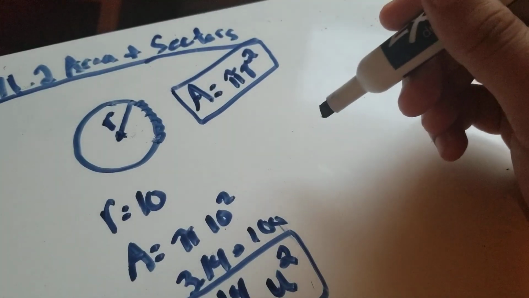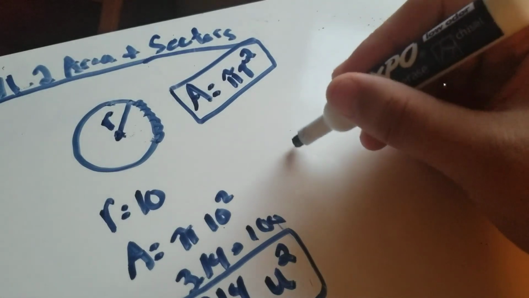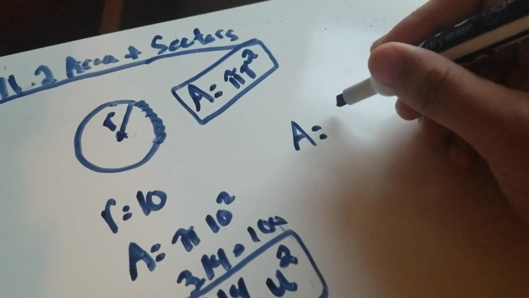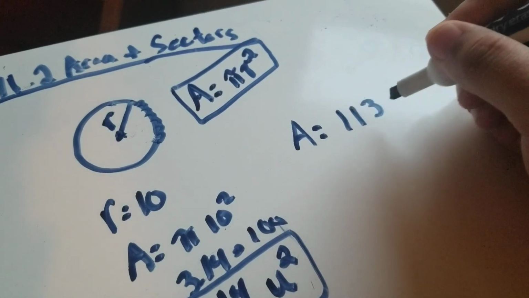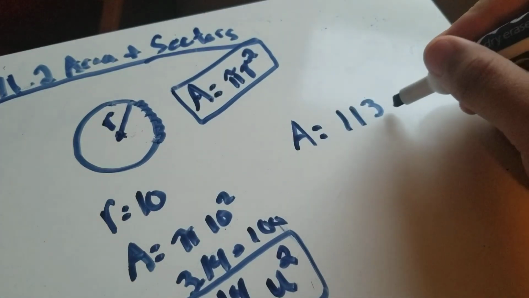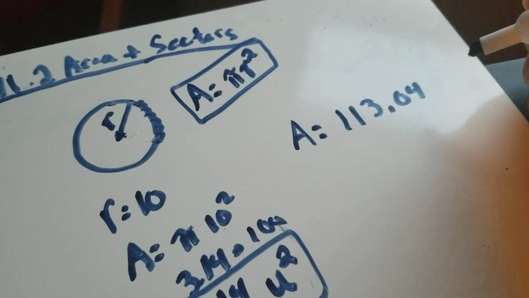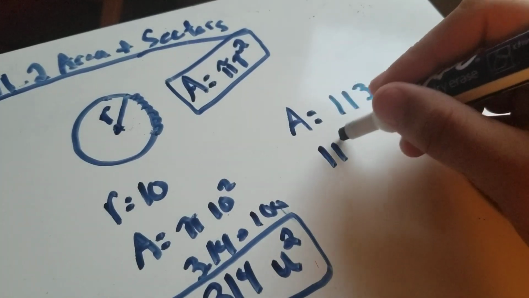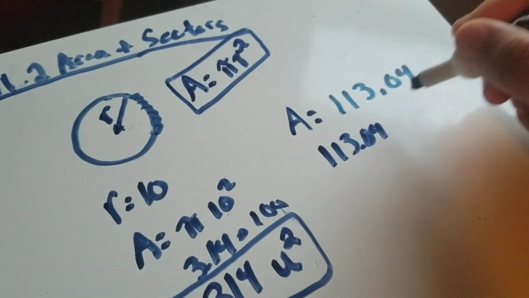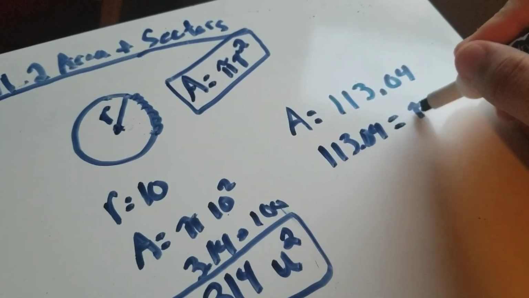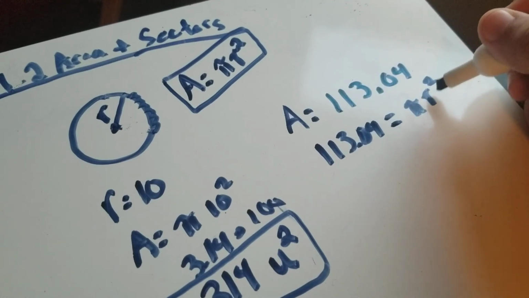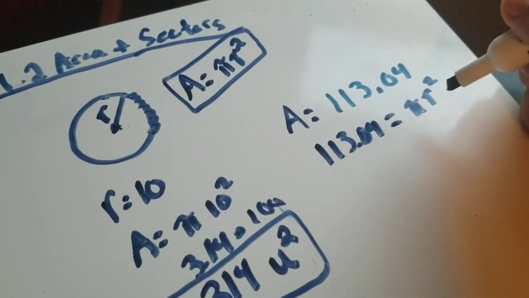Let's go to the next one. So what if the area equals 113.04? Find the radius. Well, 113.04 equals pi r squared. So r squared is a variable, and that's raised by the exponent.